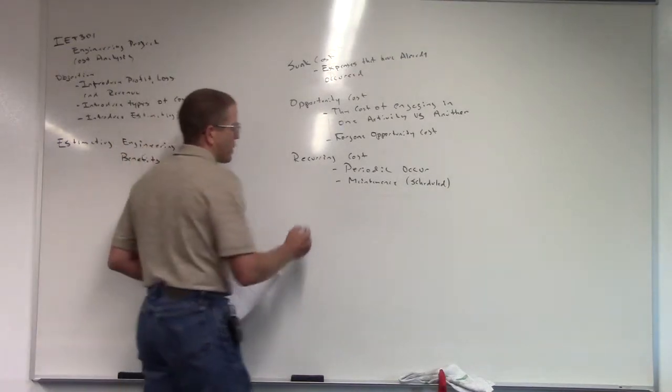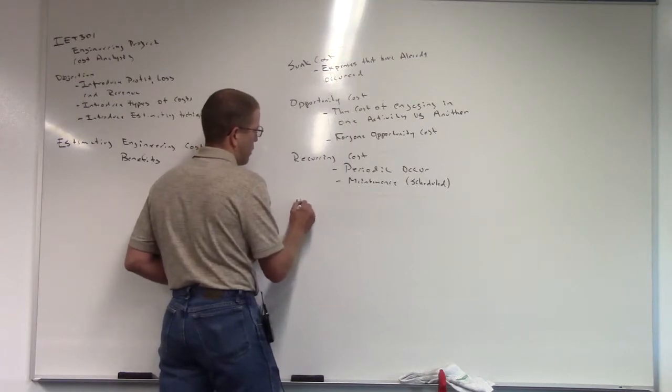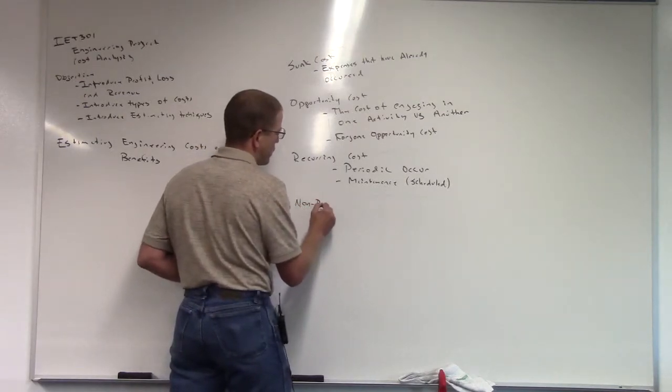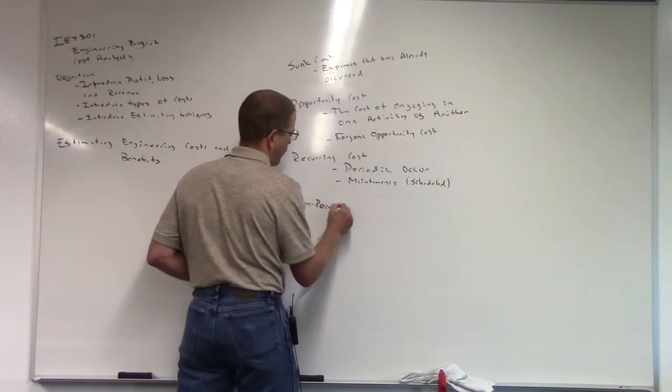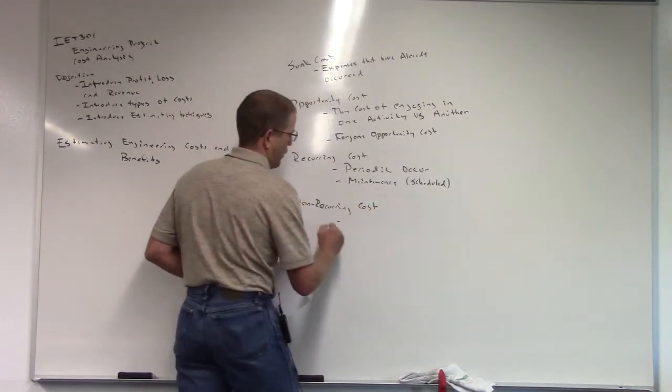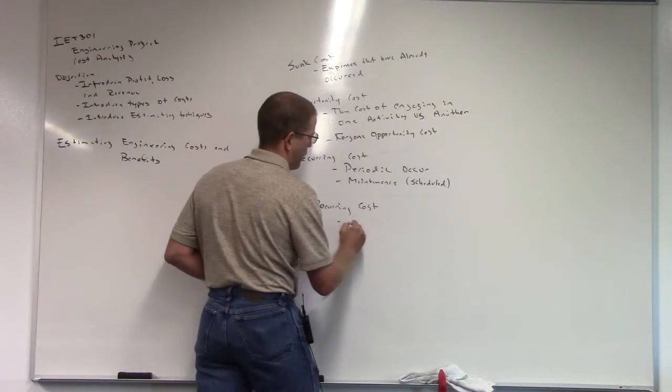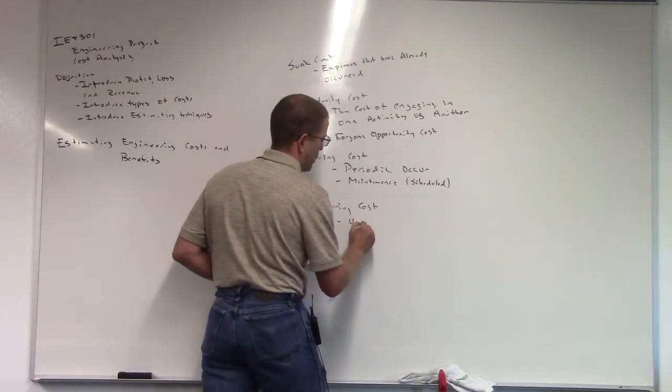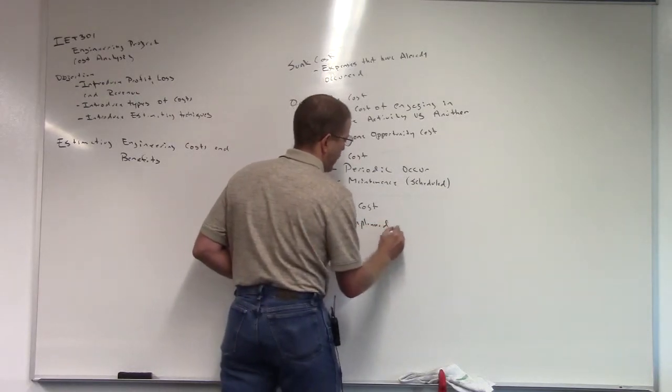We also need to consider non-recurring costs, and this would be an example of an equipment failure, so unplanned maintenance.